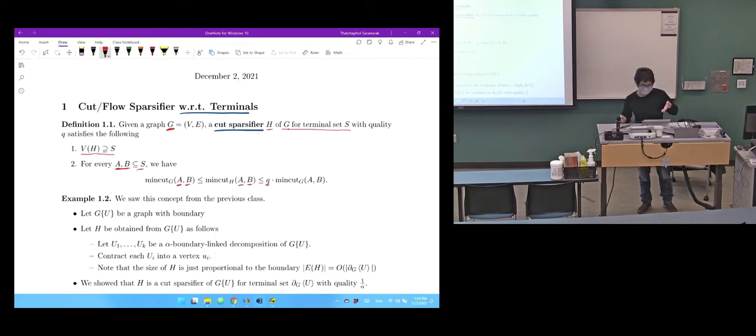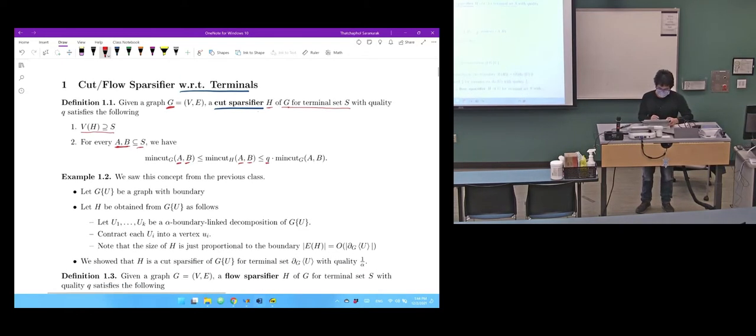So this is an object that we have seen already from last class. The battery link decomposition is a cut sparsifier. Given the graph with battery, if you compute H by finding an alpha battery link decomposition of this and contracting each part, then H is small now.